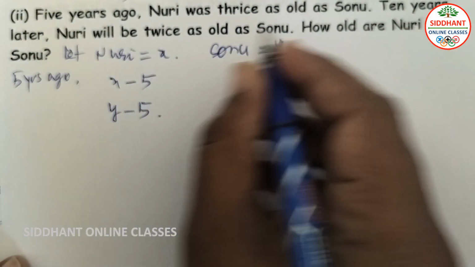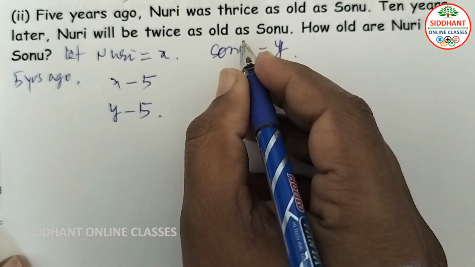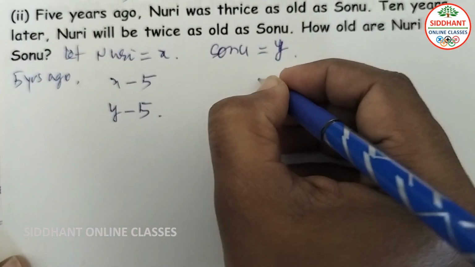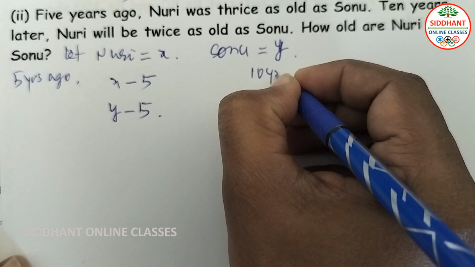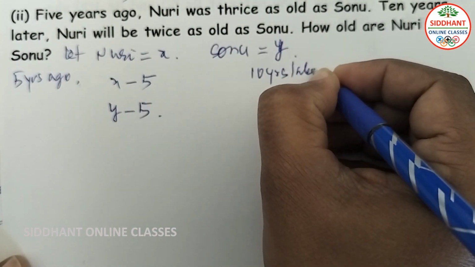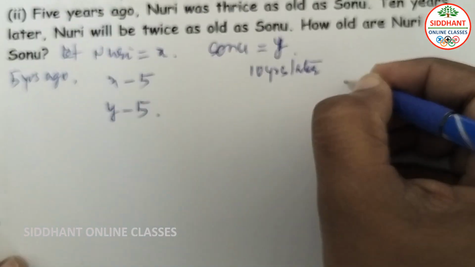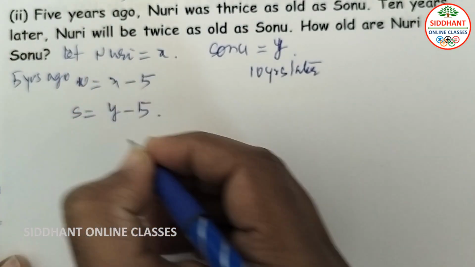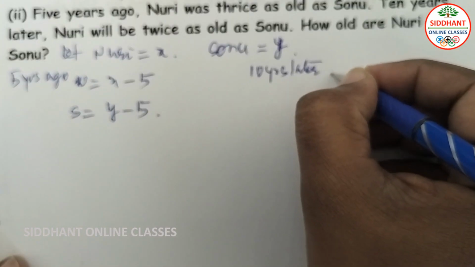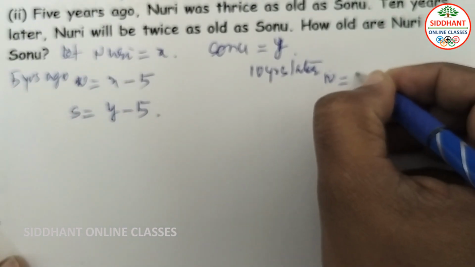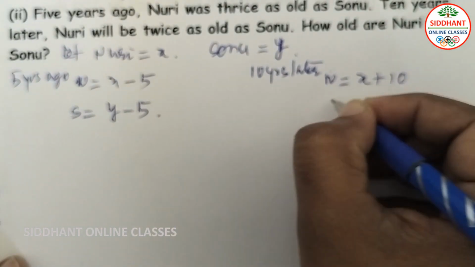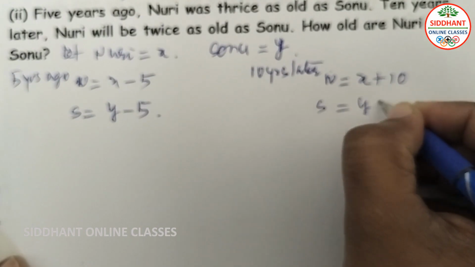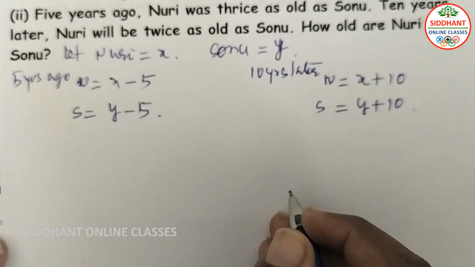Next, 10 years later, Nuri age will be x plus 10 and Sonu age will be y plus 10 here.